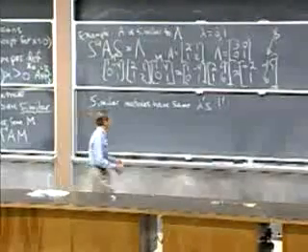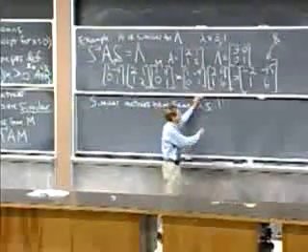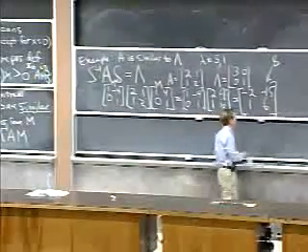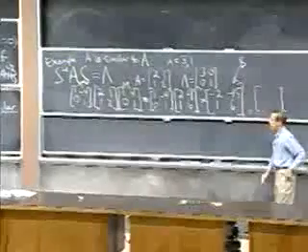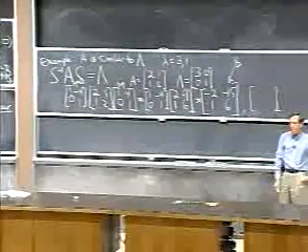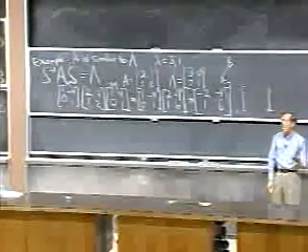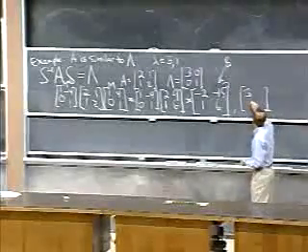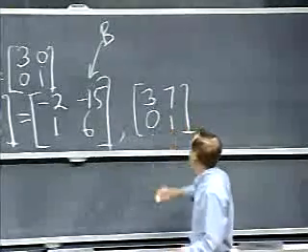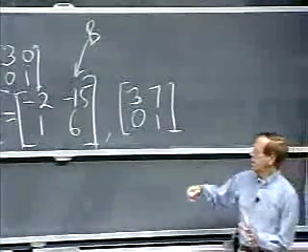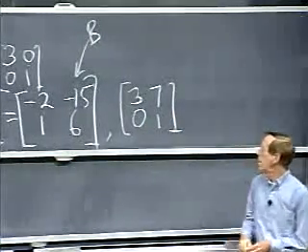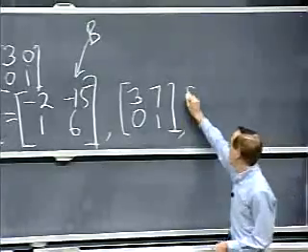But also, tell me just a couple more members of the family. Tell me another matrix that has eigenvalues 3 and 1. Well, let's see. I'll just make it triangular. That's in the family. There is some M that connects to this one. And also this.